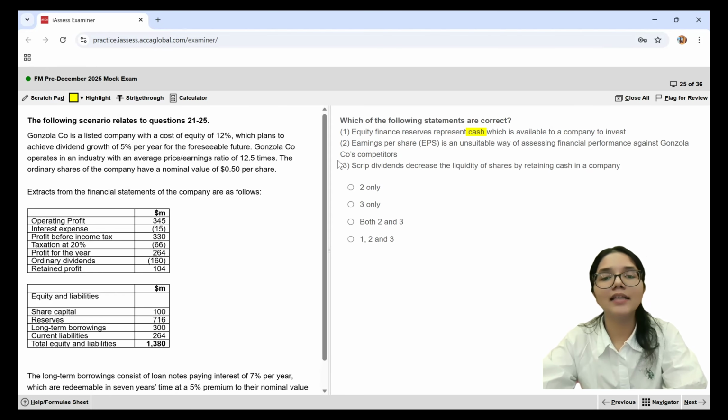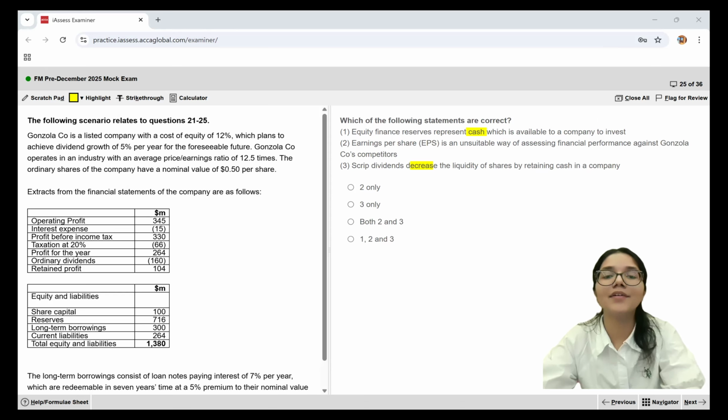If you have a look at the third statement, this says that the scrip dividends decrease the liquidity of shares by retaining cash in the company. Rather, if you're issuing scrip dividends, that means you're giving shareholders dividends in the form of extra shares in the company without taking any money from them. Because of this, more shares get issued in the market. As a result, per share value falls down.